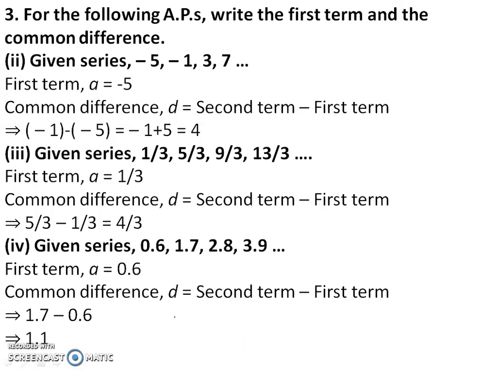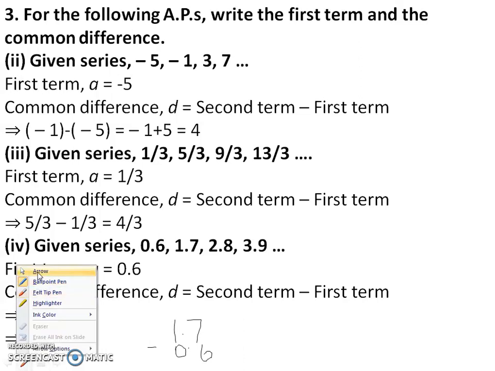How will you subtract? 1.7 minus 0.6. 7 minus 6 is 1. 1 minus 0 is 1. So what is the answer? 1.1. The common difference is 1.1.